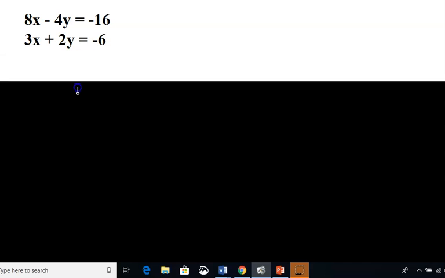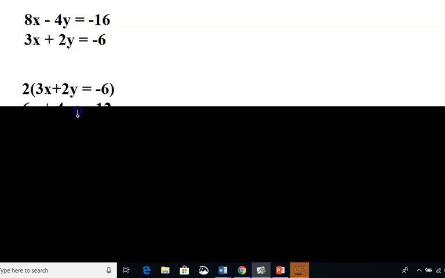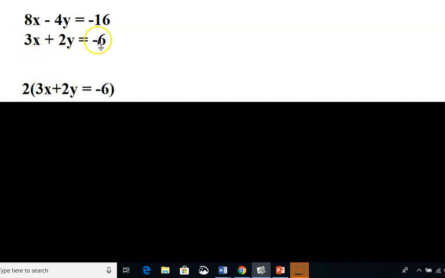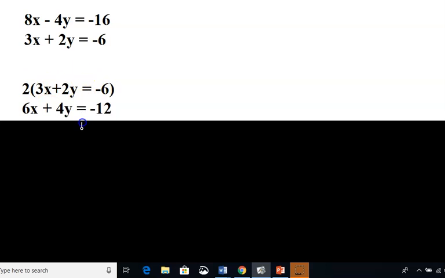So what I would probably do is multiply this equation by a 2. When I multiply it by 2, it's going to cause my y to become a 4y. So 2 times 3x is 6x, 2 times 2y is 4y, and 2 times negative 6 is negative 12. So I've just turned this 3x plus 2y equals negative 6 into this equivalent equation.